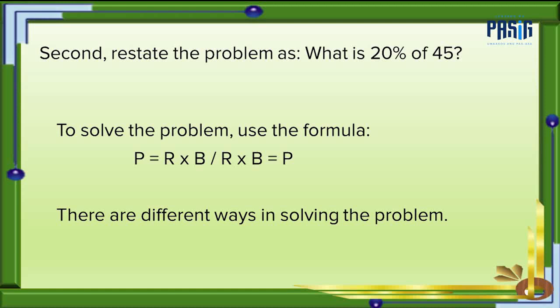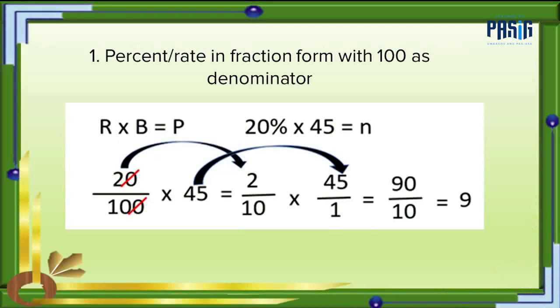There are different ways of solving the problem. Number 1, write the percent or rate in fraction form with 100 as denominator. So we have 20% of 45 is equal to n.